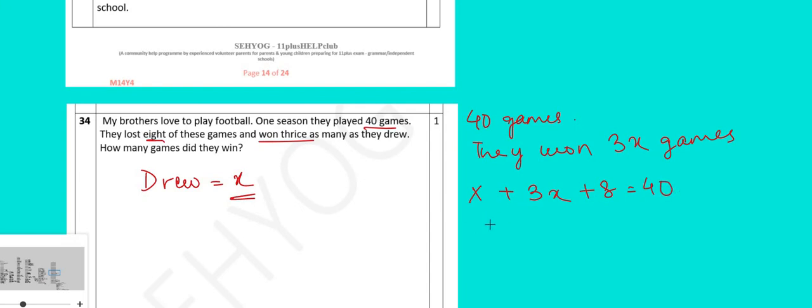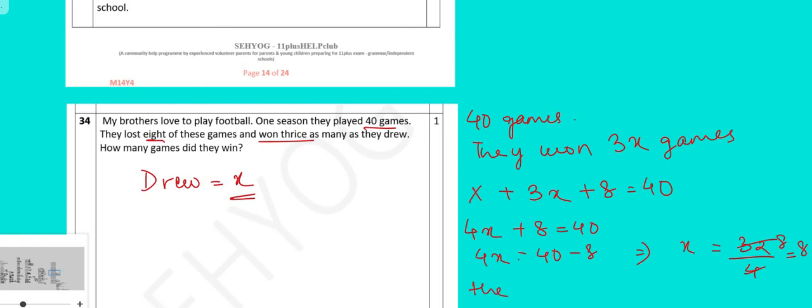Now we need to solve this equation. 4x plus 8 is equal to 40, 4x is equal to 40 minus 8, so x is equal to 32 divided by 4, which gives us 8.